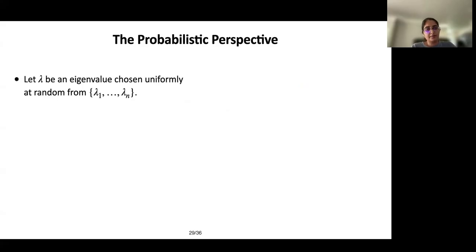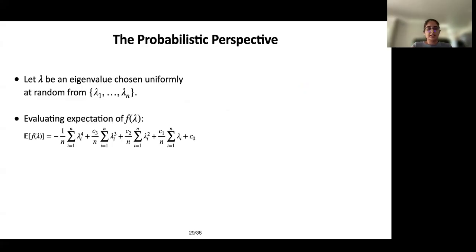We start by considering λ to be an eigenvalue, which we choose uniformly at random from the set of all eigenvalues of my graph G. I can then evaluate the expectation of f(λ), which is written like so. Because it's a quartic polynomial, we can write it as a sum of λ_i to the power 4, λ_i to the power 3, and so on.